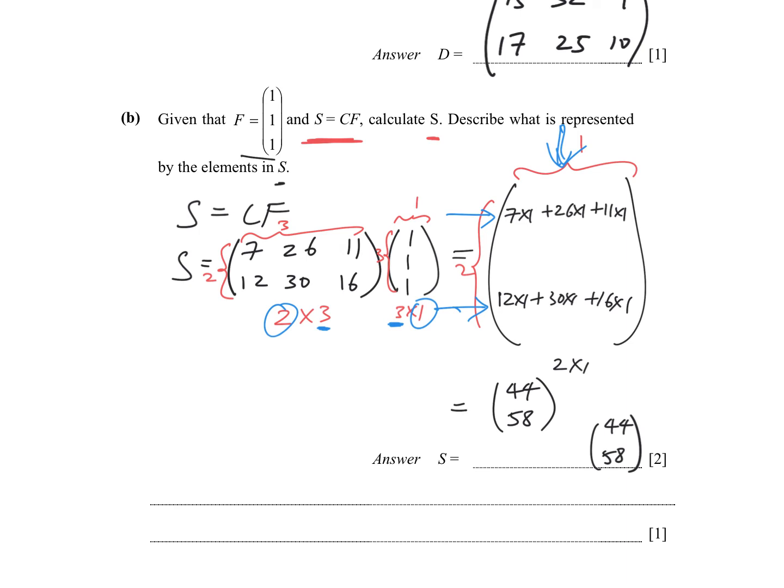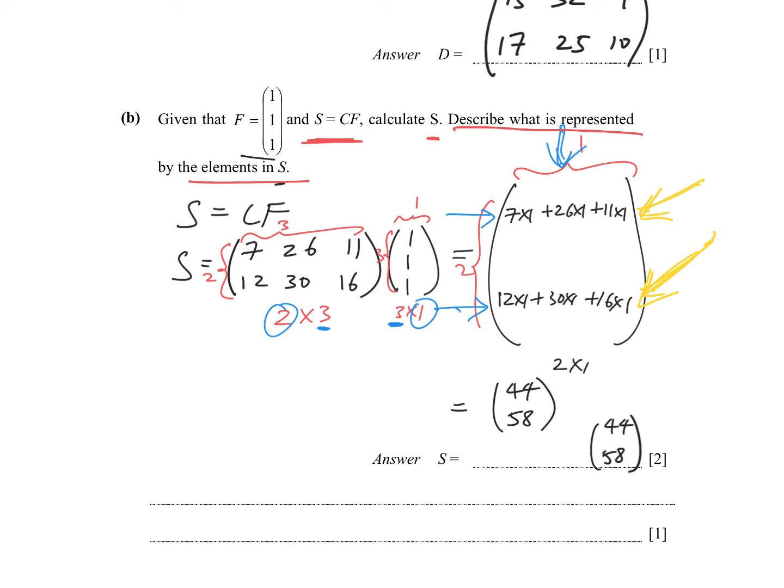Okay, so now let's see. It says describe what is represented by the elements in S. And so really, I think the easiest way to do these kind of questions is look at the working. If you look at the final answer, it's kind of hard. But if you look at the working, it really tells you often what is really represented by the elements. So what do you do here?